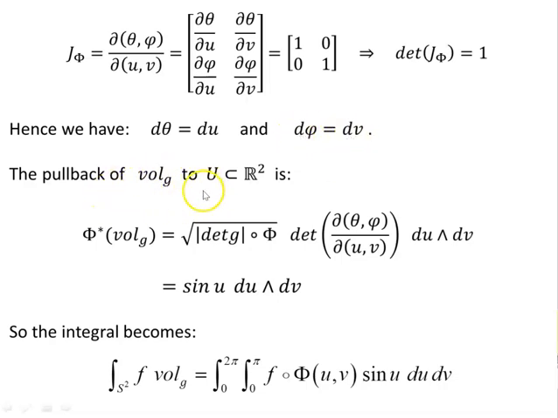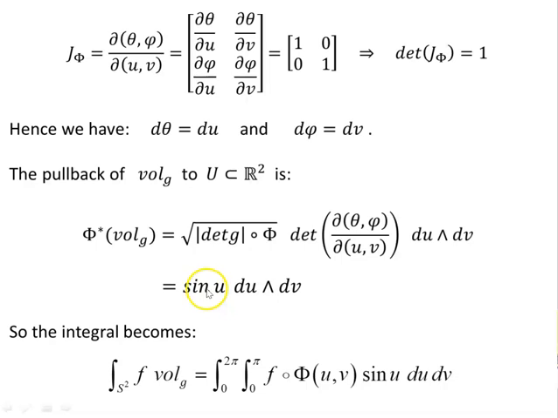So the pullback of the volume form G to U contained in R2 is the square root of the absolute value of the determinant of G composed with phi, du wedge dv. In the new coordinates, that becomes just sine u du wedge dv.